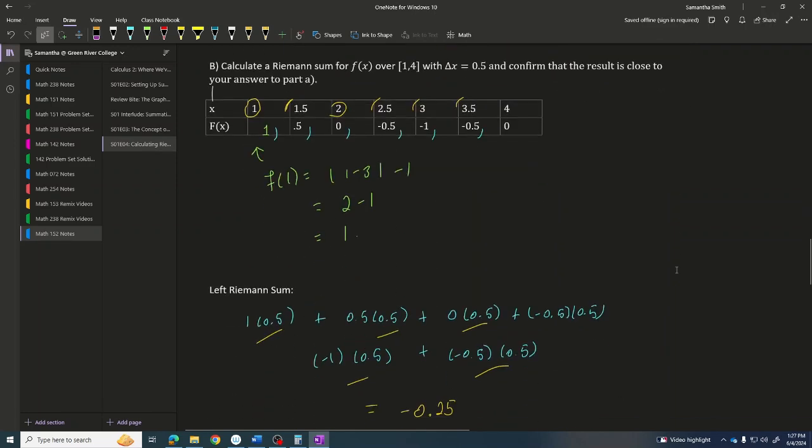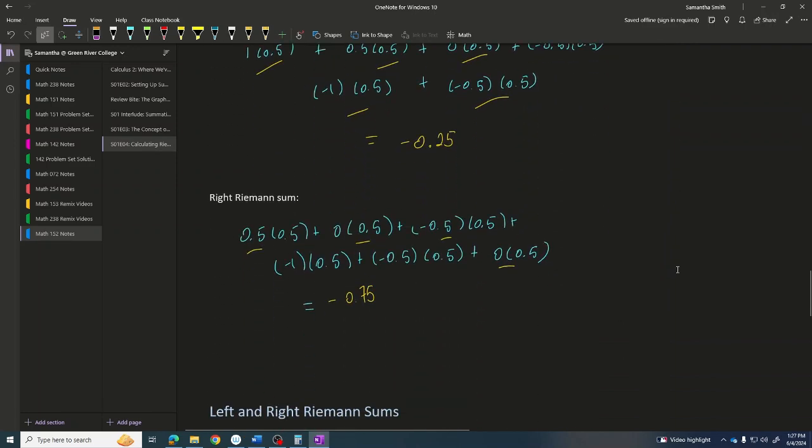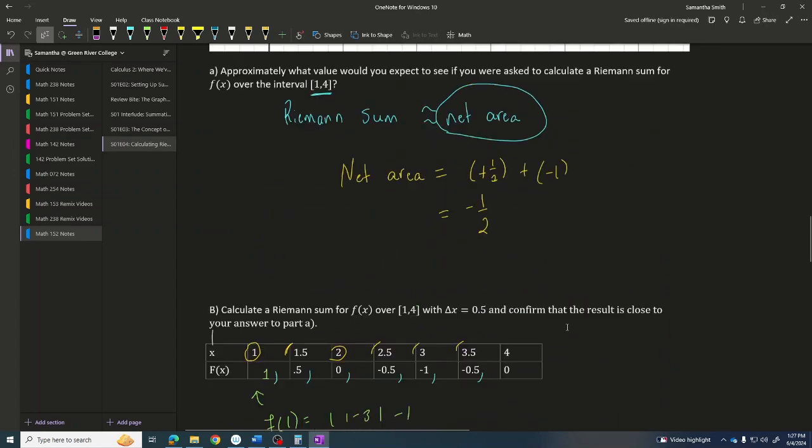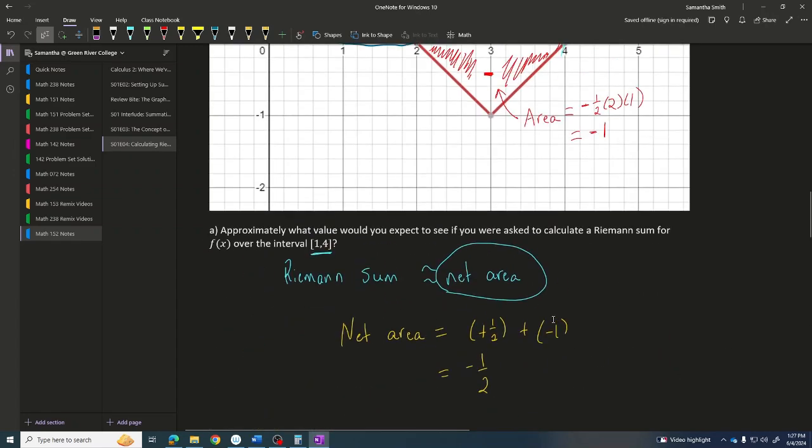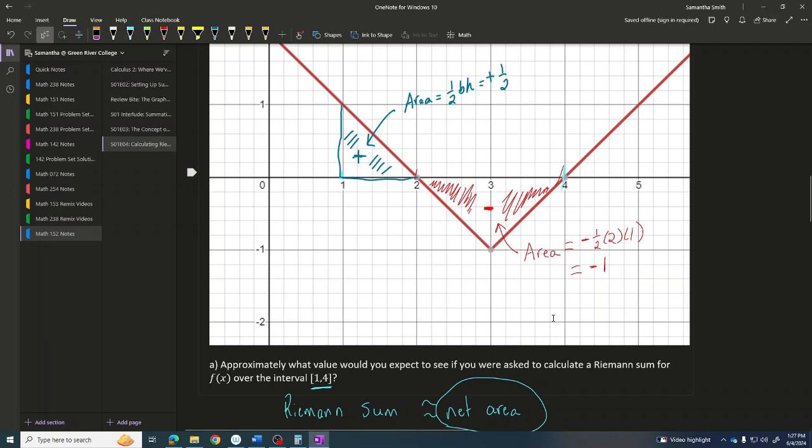Takeaway: if the Riemann sum that results from your calculation is super different from the net area that you're seeing out of the graph, that's a huge red flag, and that indicates that probably you've done something terribly wrong in your calculations. So this is a way, by looking at the graph of the function, to check and see if your calculation makes sense, if it's probably kind of correct, or if it's absolutely busted.